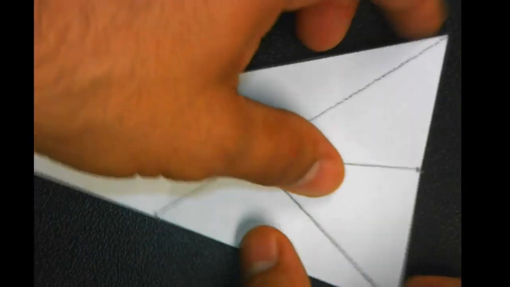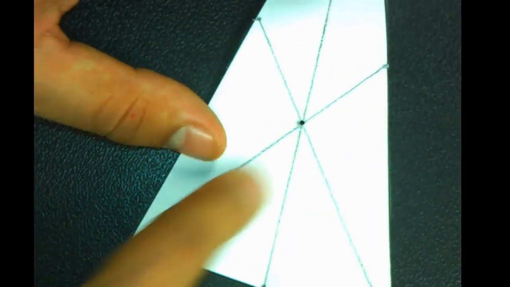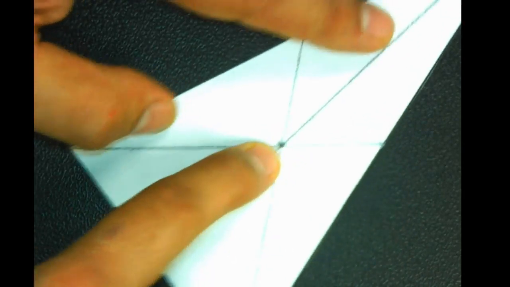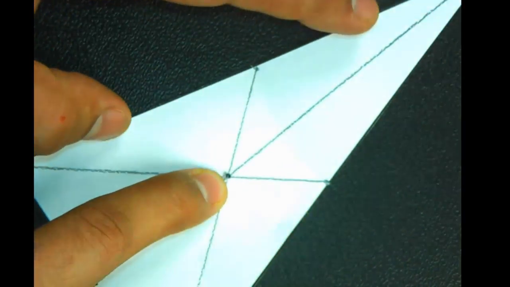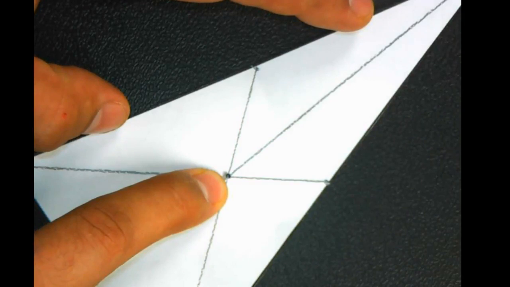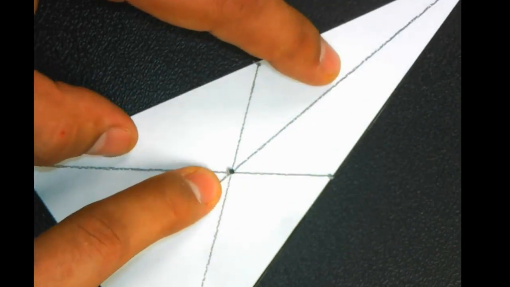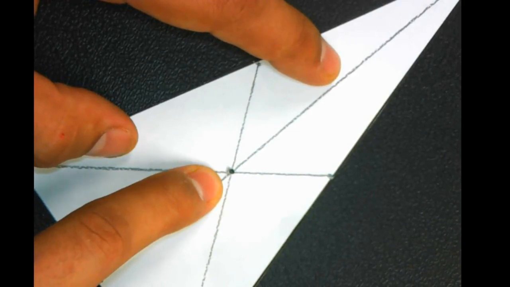What I did was I folded each side, found the midpoint, and then I connected the midpoint to the vertex. What do you call that when you connect midpoint to vertex? Medians. So I found 3 medians, and I found a point of what? Point of concurrency. And this point of concurrency is called a centroid.